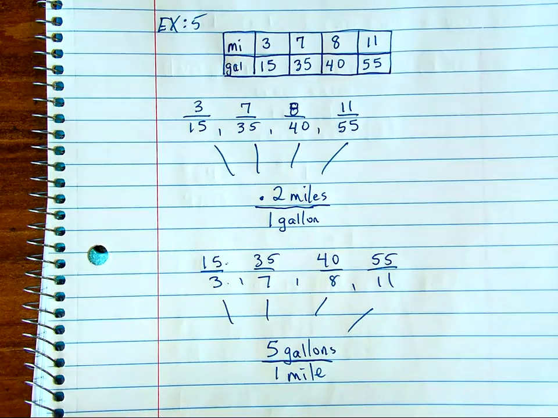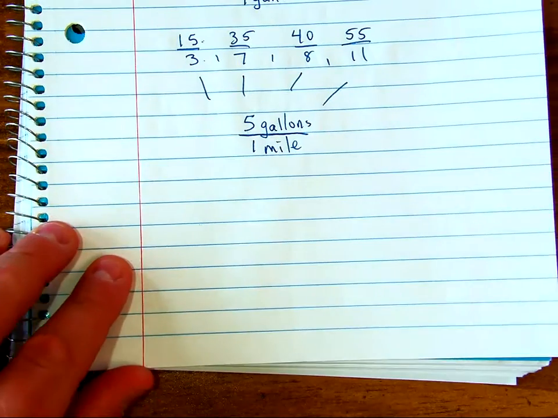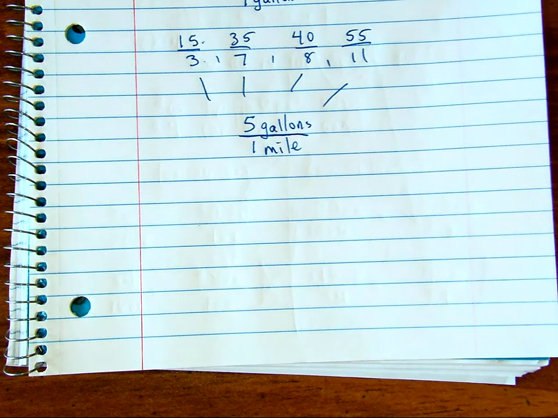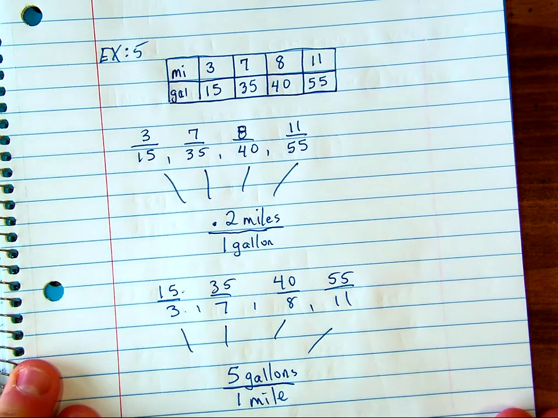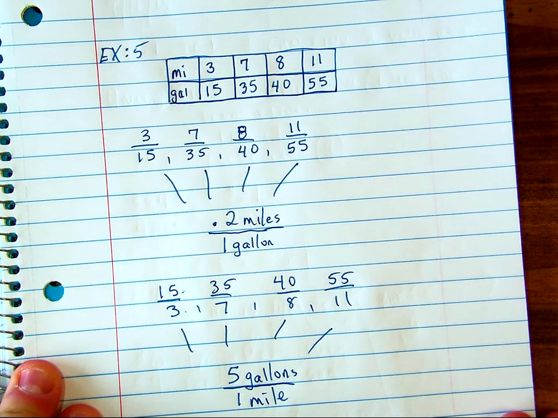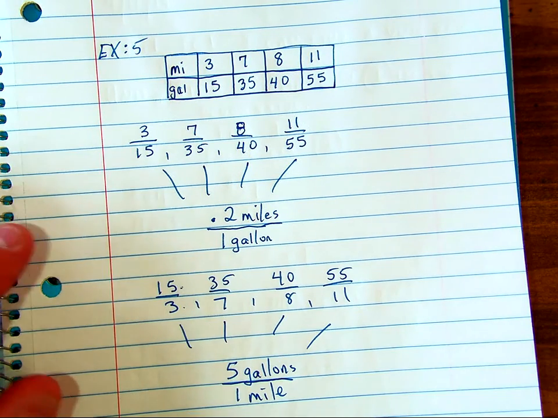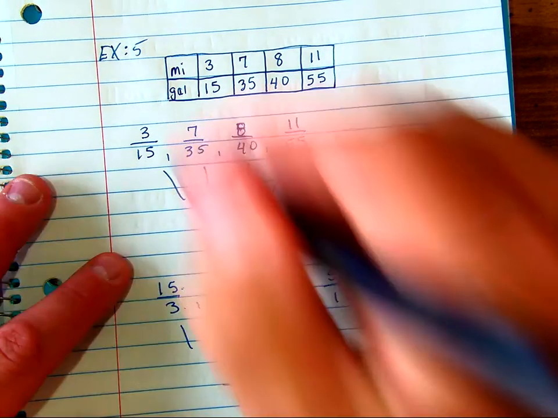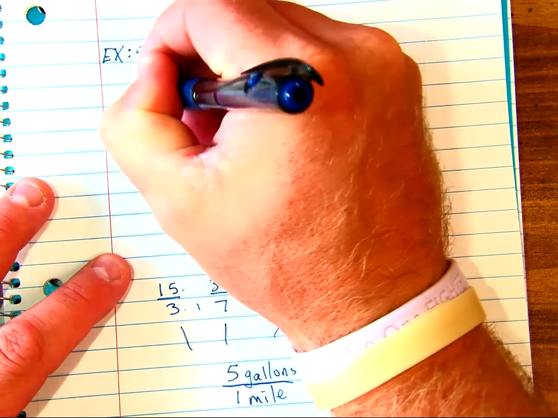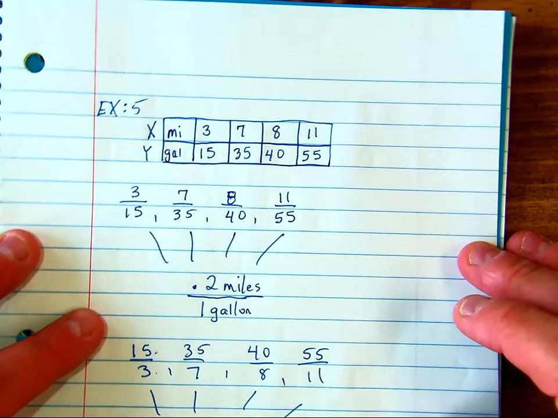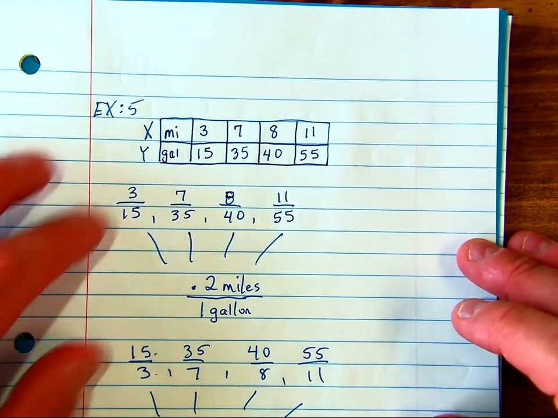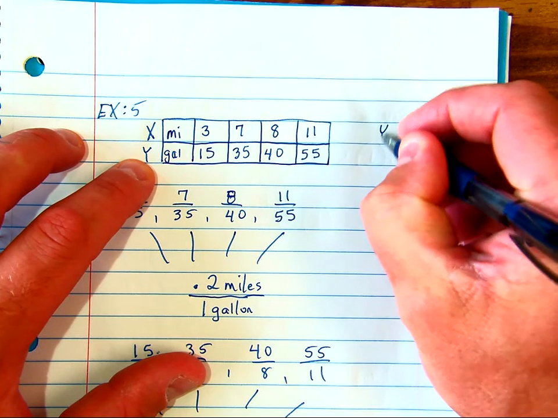All right, time to try one of these on your own, one of these tables. I don't care which method you use, to be honest with you. I would prefer you guys to use y divided by x.